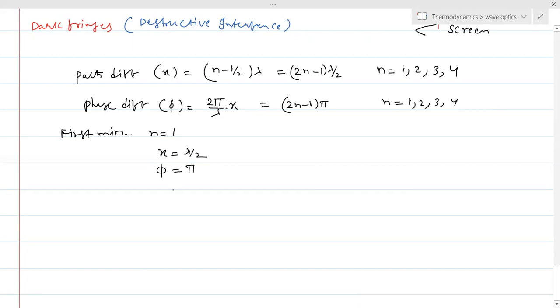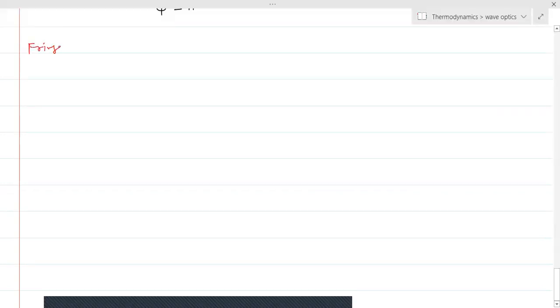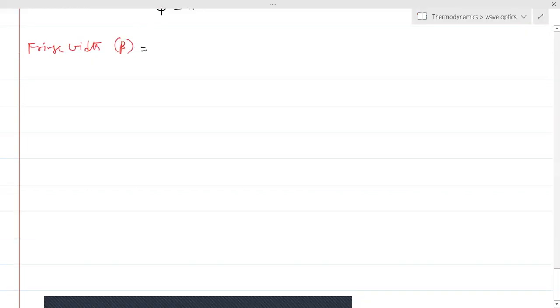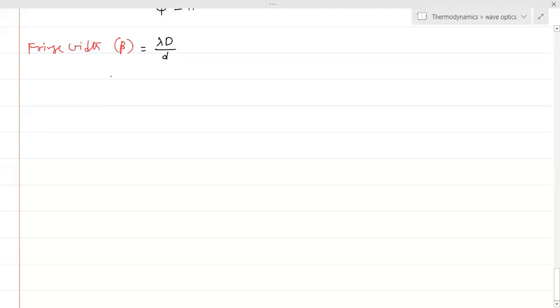Similarly we will do it for any number of minimums. And we know the expression for the fringe width beta, that is equivalent to lambda capital D by small d.